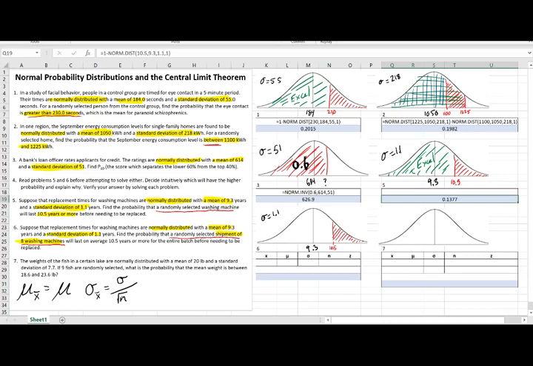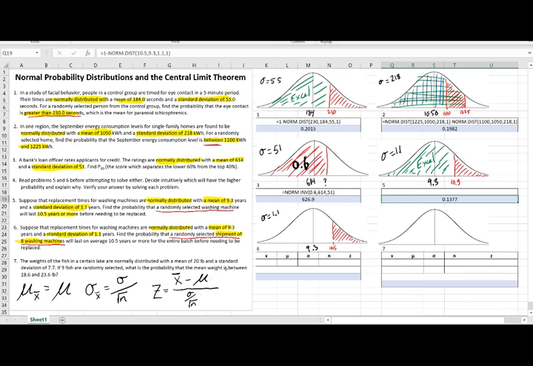So if we substitute these two values into our formula for z-scores, then we get z is equal to x bar minus mu sub x bar divided by sigma divided by the square root of n.